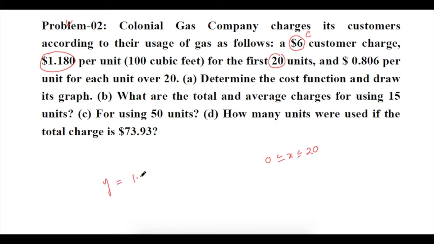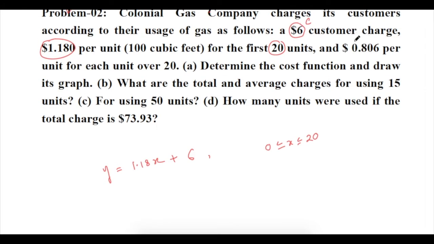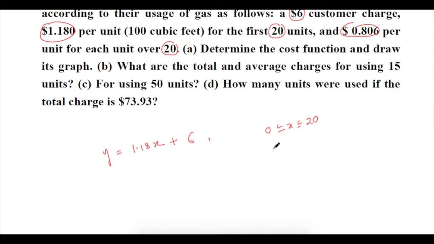y equal 1.18x plus customer charge 6. So for the second piece, the per unit cost is this, which is over 20. Therefore, the range for the second piece will be x greater than 20.